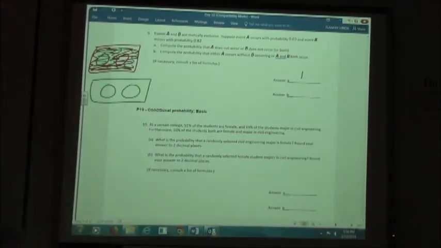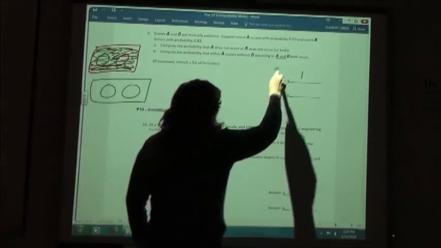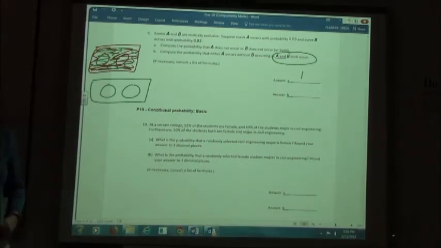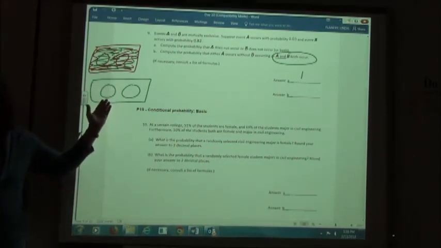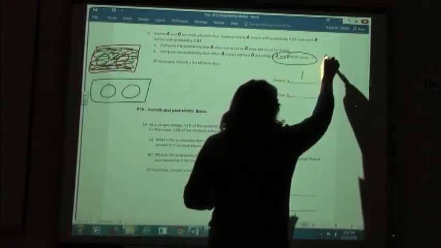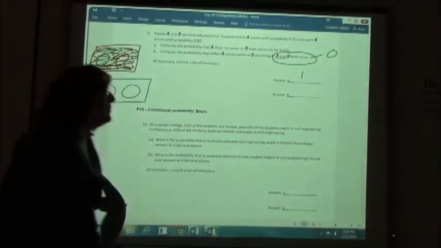The next one, compute the probability that either A occurs without B occurring or A and B both occur. Now, I'm going to go to the second part of this. A and B both occurring. That can never happen because A and B don't overlap. There's no middle section where those two overlap since they're mutually exclusive. So the probability of this happening is none.